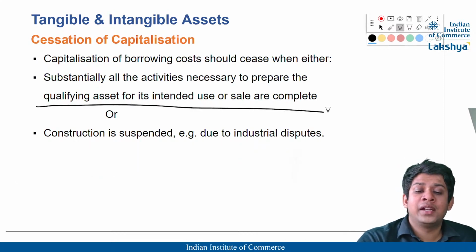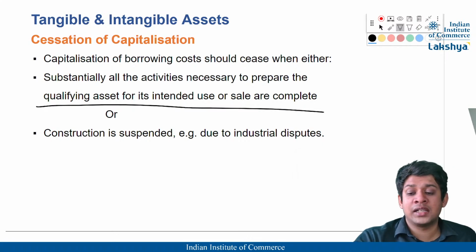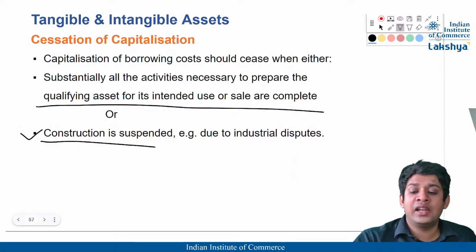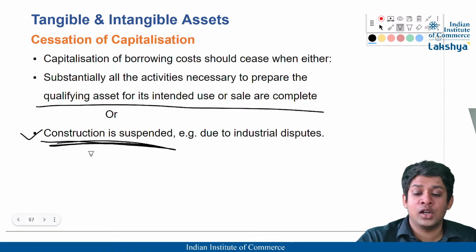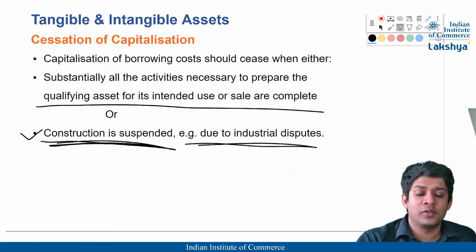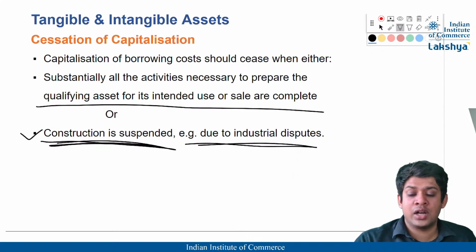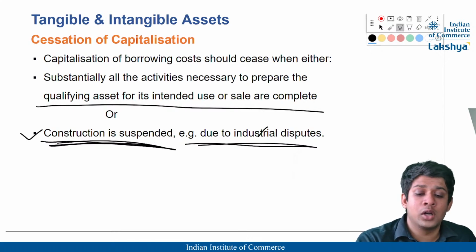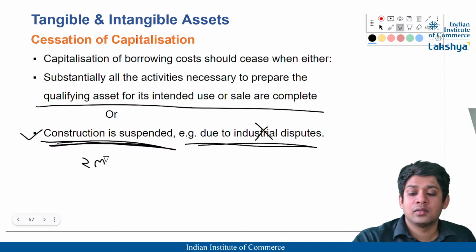So I have completed all the activities. I have prepared the asset completely, and from that date capitalization will cease, even though I'm bringing the asset into use after 2 months or something. And lastly, if the construction is suspended for a period of time, maybe my employees are not working well, we had an industrial dispute, and they stopped work for a period of 2 months.